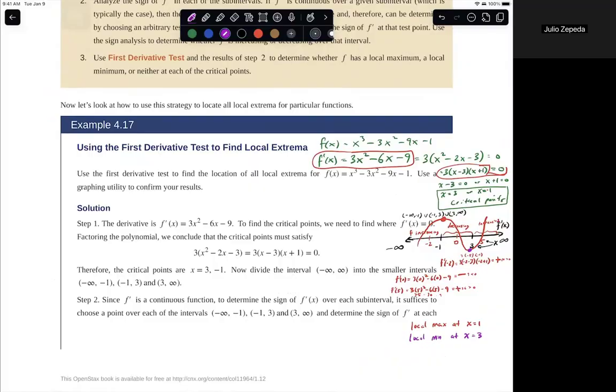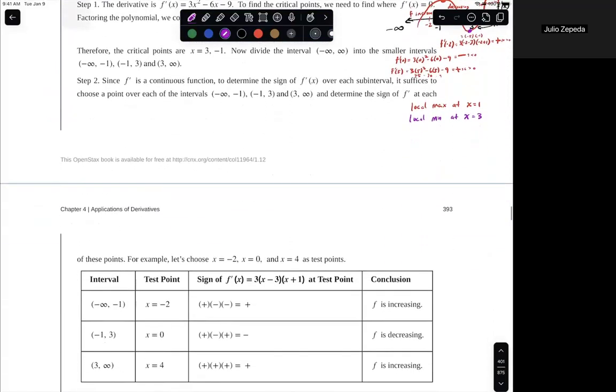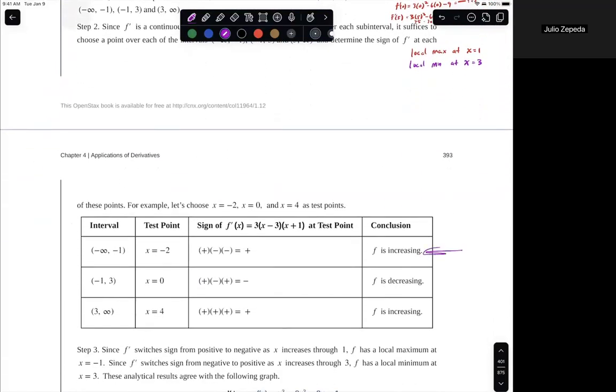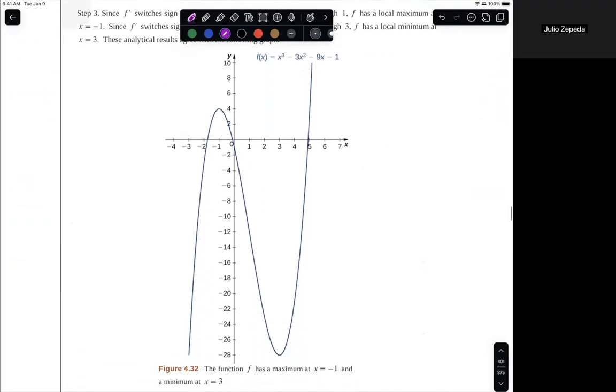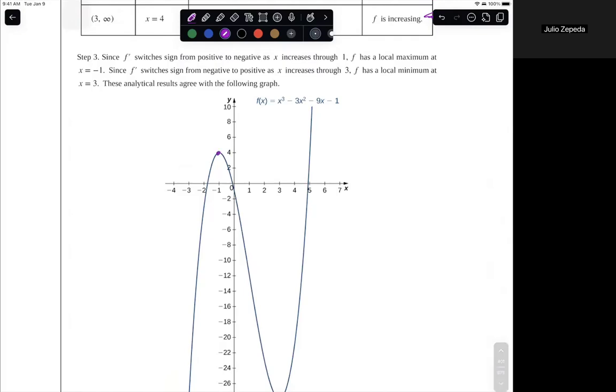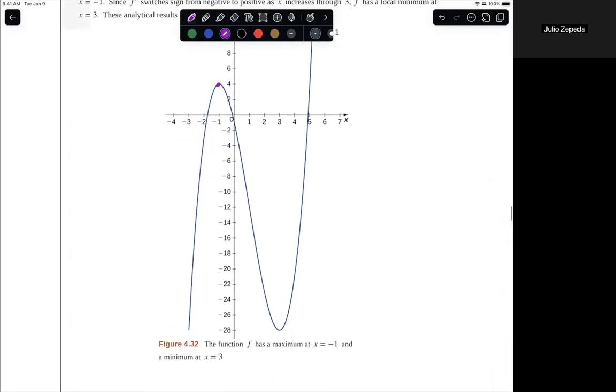Okay, so that's exactly the information that's given here. And we can see we have a local maximum and a local minimum. Nice.